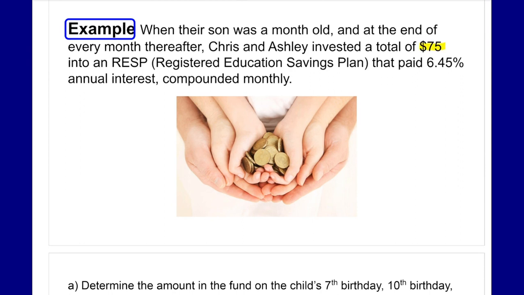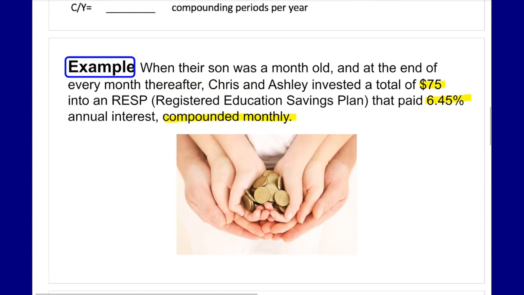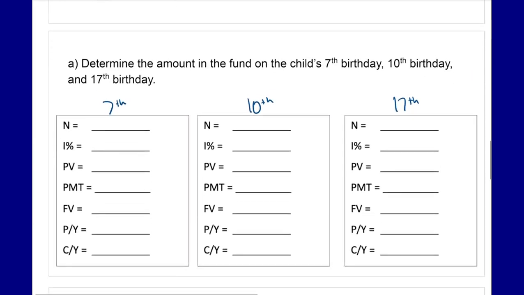So it's a $75 payment, 6.45% annual interest, compounded monthly, and we're making monthly payments. So the N value is going to be, in this case, 7 times 12, because he's 7 years old, times 12 months in a year. So our N value for the first one is 84.